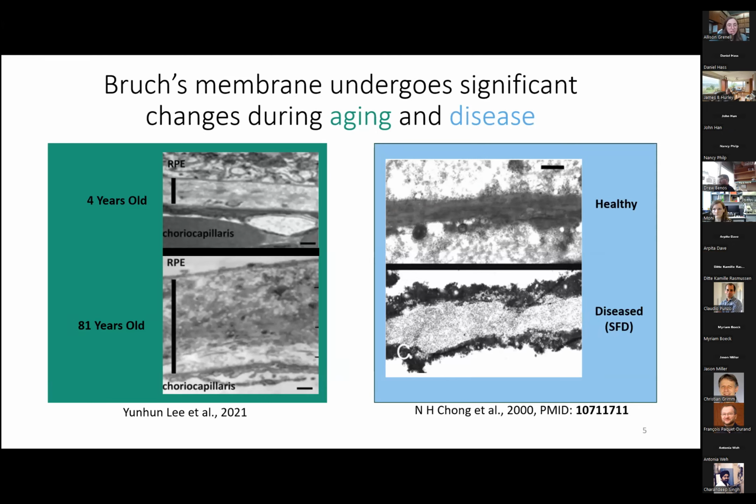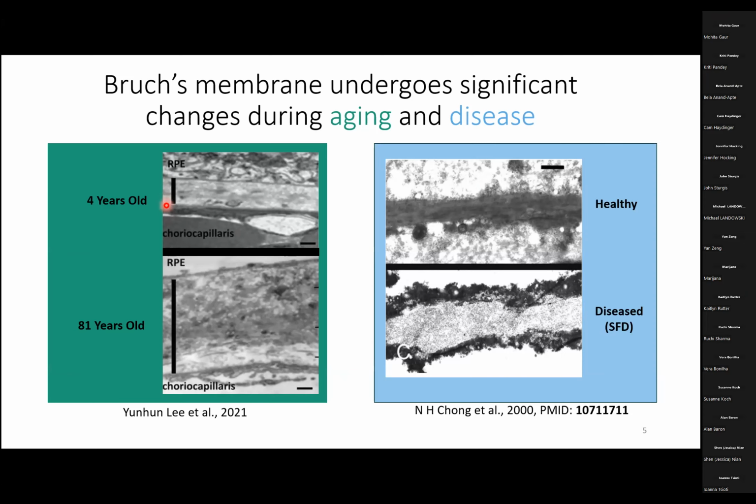On the left, we have an example of Bruch's membrane during aging. So here's a 4-year-old Bruch's membrane where this line is representing where Bruch's membrane is, and here's an 81-year-old Bruch's membrane. And there is an increase in the thickness, as well as a decrease in the density with an accumulation of lipids and proteins. And it's also been found that with age, the membrane gets more stiff over time.